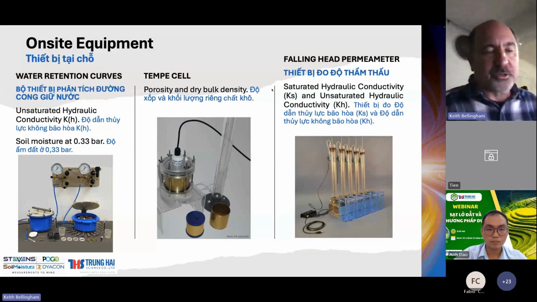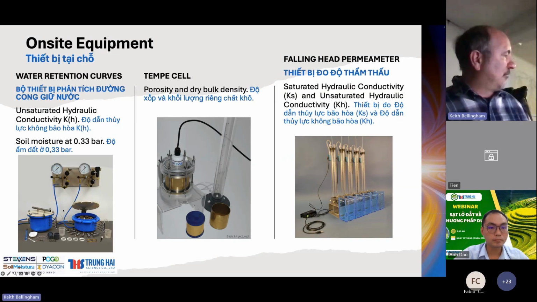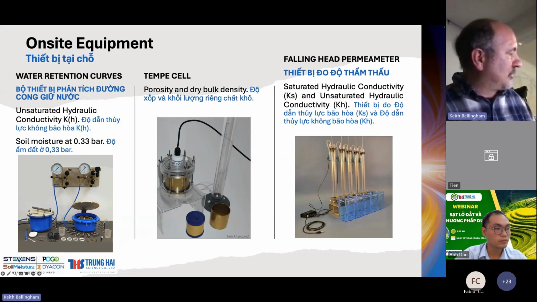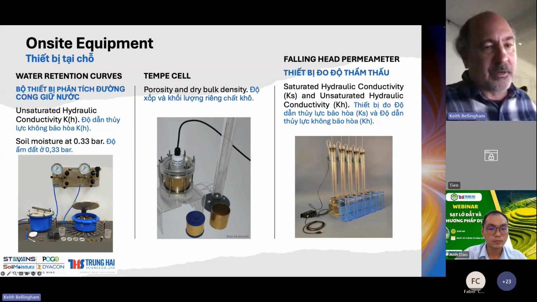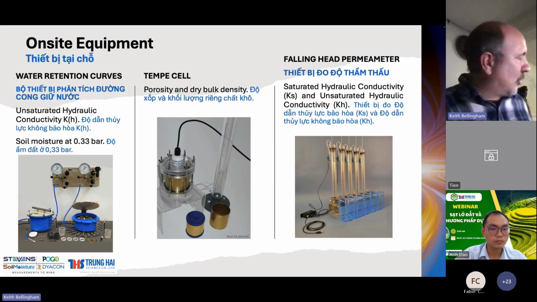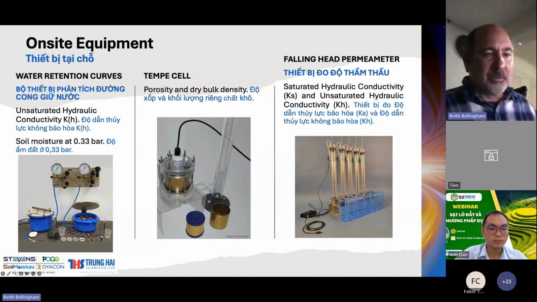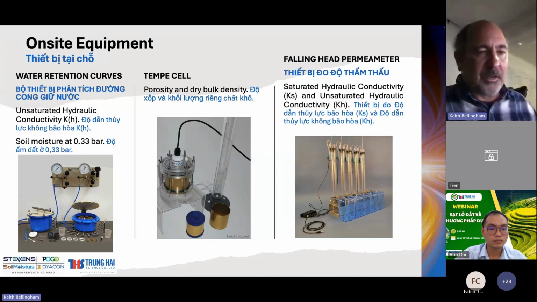So some of the tools that we have to calculate these parameters, right here, these are extraction vessels. These are pressurized vessels that soil samples can be put in to construct a soil water retention curve. They can go from 0 to 15 bar. They can hold lots of soil samples. These brass rings have a known volume, and they can be weighed to get a volumetric water content.